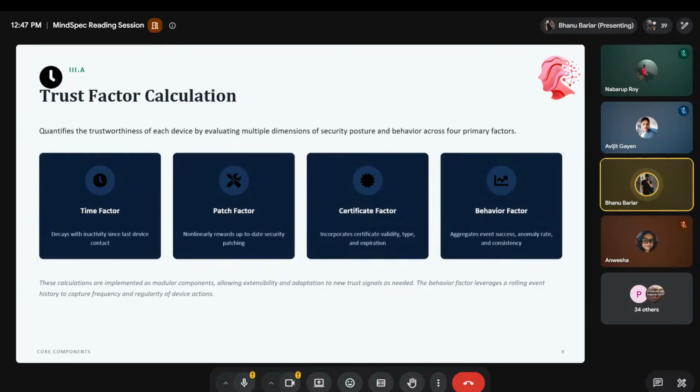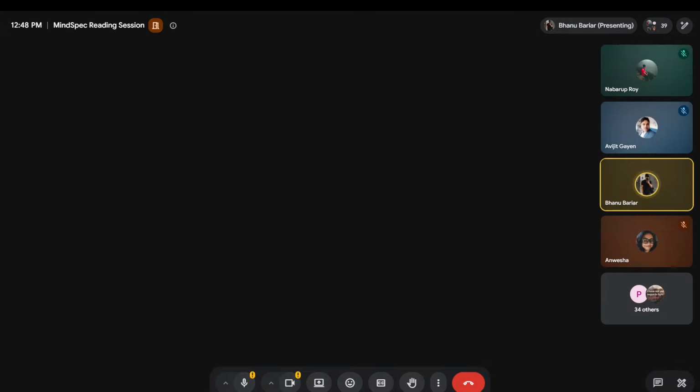The second one is the patch factor. Outdated software is one of the most common causes of cyber attacks. Devices that regularly install security updates receive higher trust scores than devices running obsolete software versions. The third one is the certificate factor.